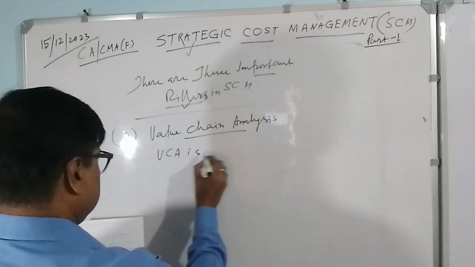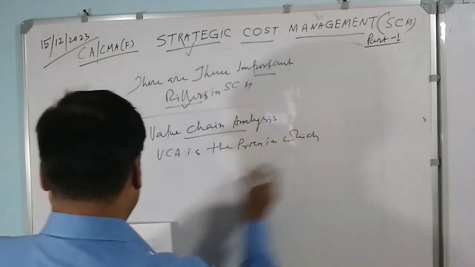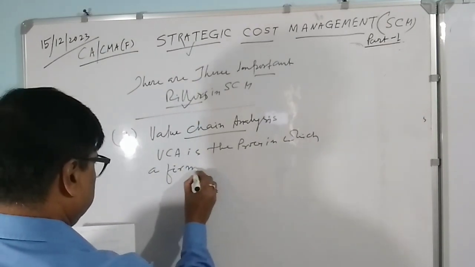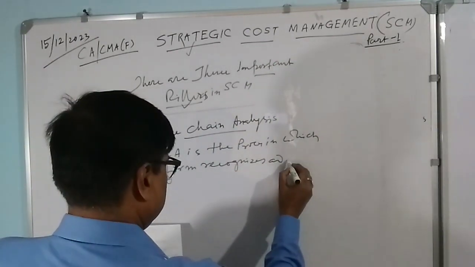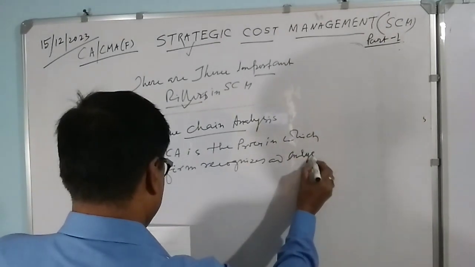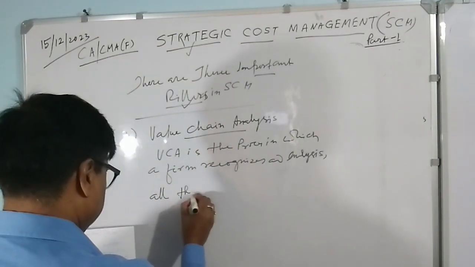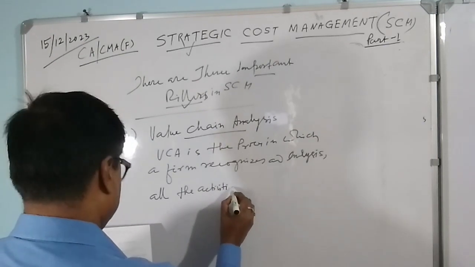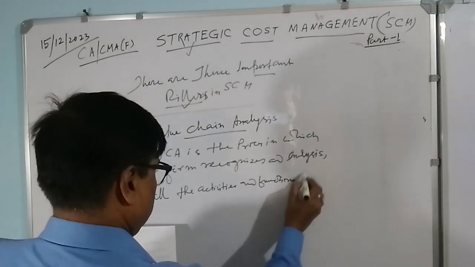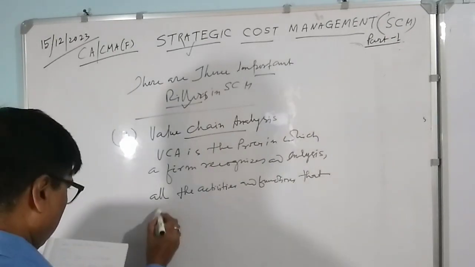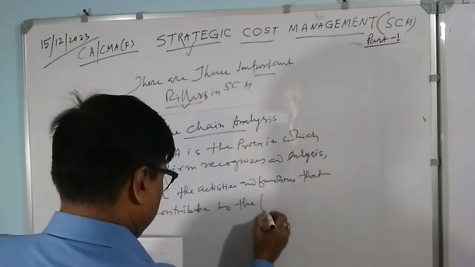VCA is the process in which a firm recognizes and analyzes all the activities and functions that contribute to the final product.